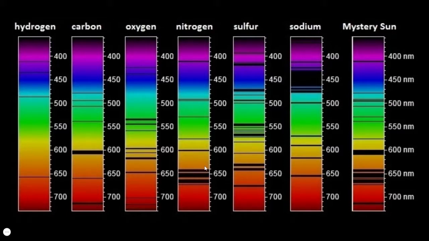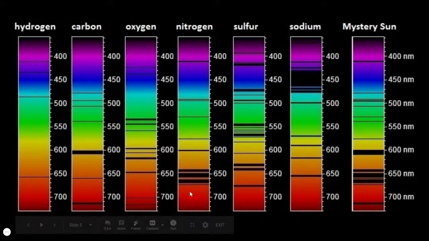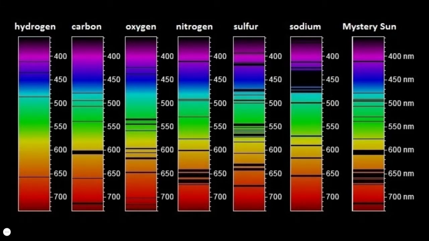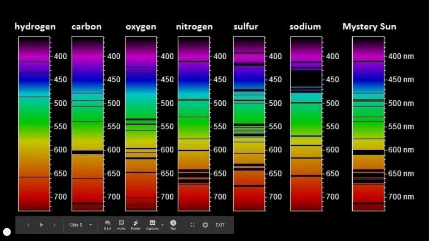I also notice near the bottom of the spectrum for nitrogen, there's a unique set of bands near the 650 nanometer mark that's also present in my mystery sun. My mystery sun has additional bands though, like this one here, and the band below that 700 nanometer mark.